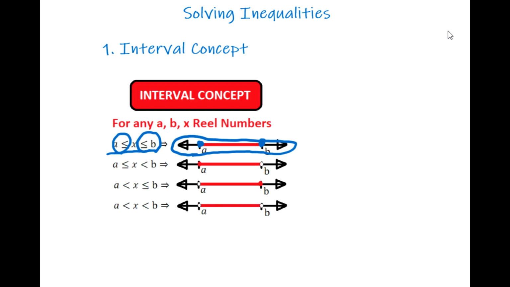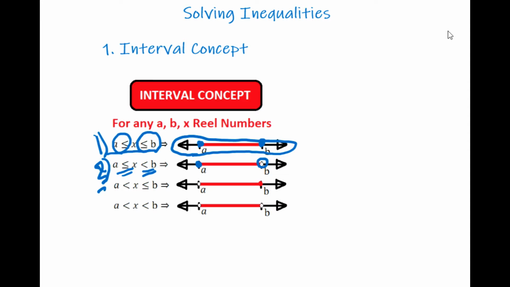And if we have, let's say, this is the first case and this is the second case. In the second case, as you can see on the B side, there is no equal sign. That means the circle is not filled. If it is empty, that means that B is not included in our solution. But because here we have an equal symbol on the left, on the A part, this circle is filled.